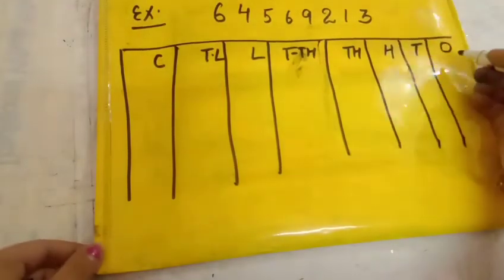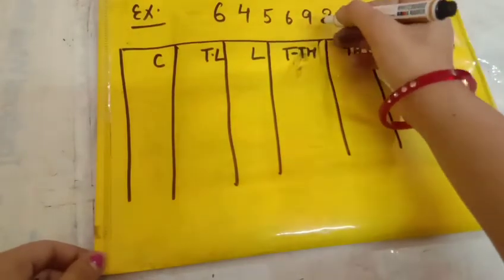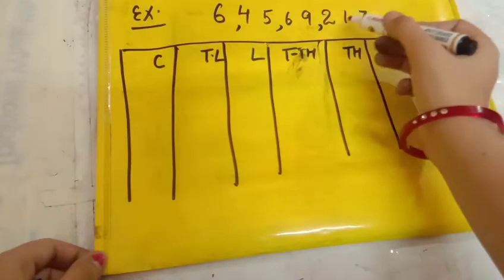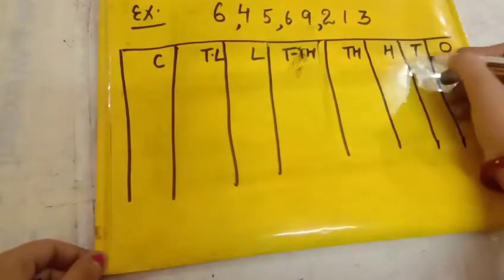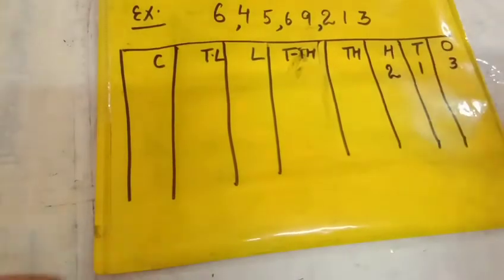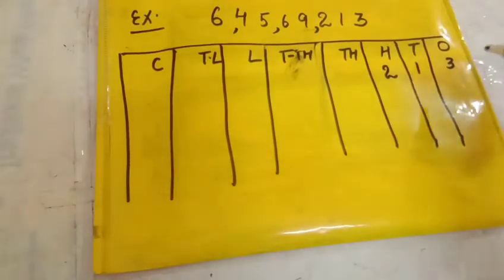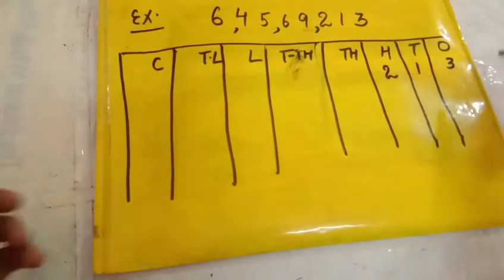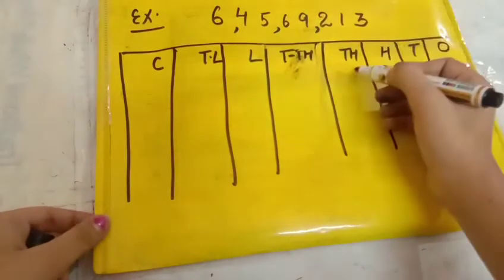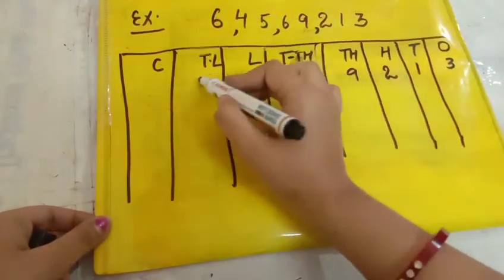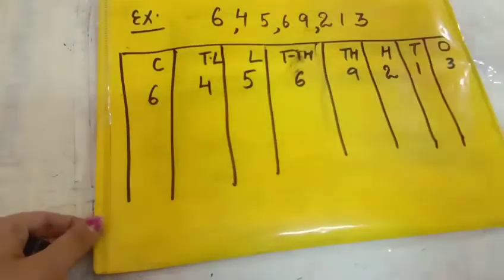First of all insert the commas, first after 3 digits, then after 2 digits. Ones, tens, 100, we will put here 3 1 2. Always insert comma from right side and always insert digits in the place value chart from right side. 9 6 9 6 5 4 5 4 and 6.